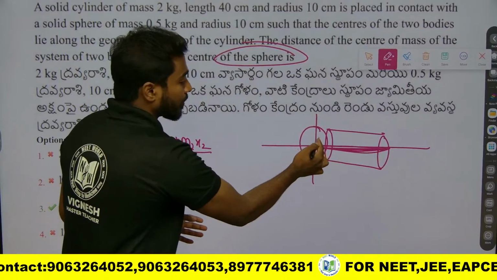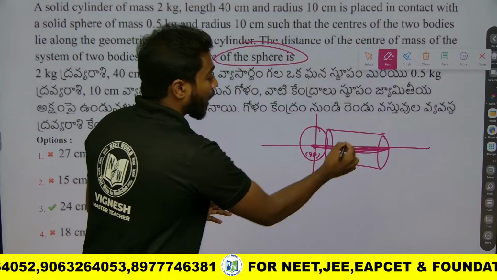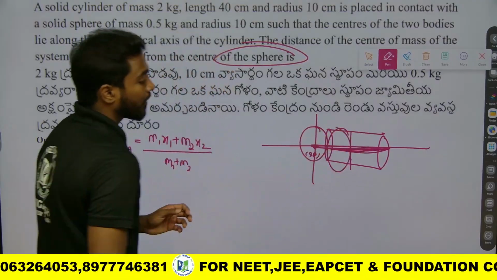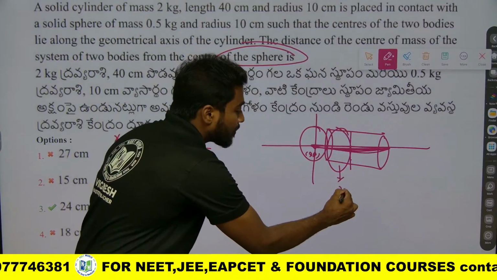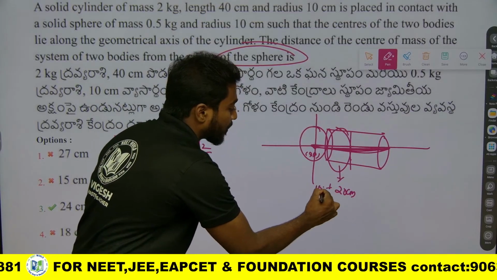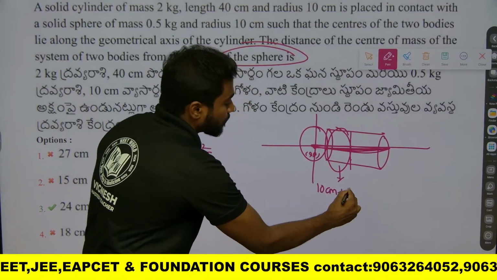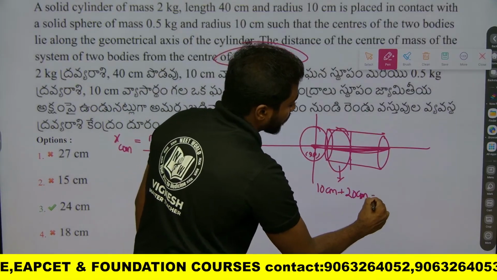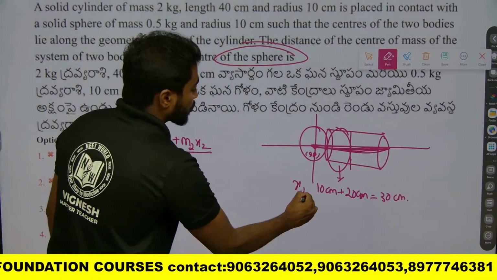So this is 10, and I need not find the total, only the half of the length of the cylinder, which is 40 centimeters, so half is 20 centimeter. This is plus 10 centimeter, which is nothing but 30 centimeter. This is the value of x2.